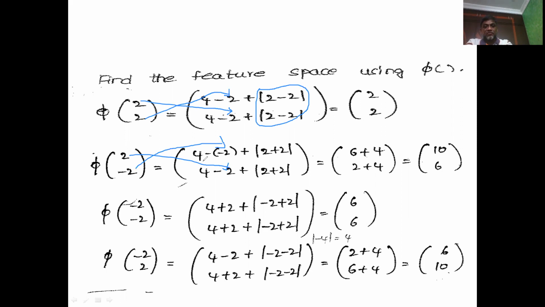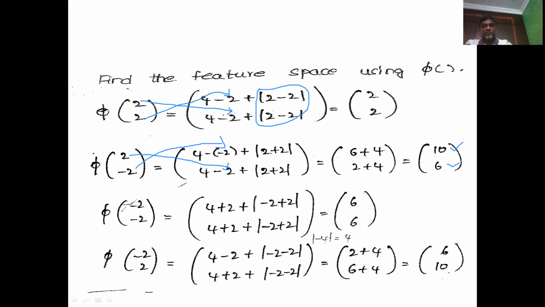What is the answer now? 4 minus of minus 2 is 4 plus 2, that is 6, plus the absolute value of 2 minus of minus 2, which becomes 2 plus 2, that is 4. So it is 10. And the second coordinate is 4 minus 2 plus 2 plus 2, that is 2 plus 4, which becomes 6. So the second point, 2 comma minus 2, is now 10 comma 6 in the feature space. So it is changed. The point is moved far away from the original position.